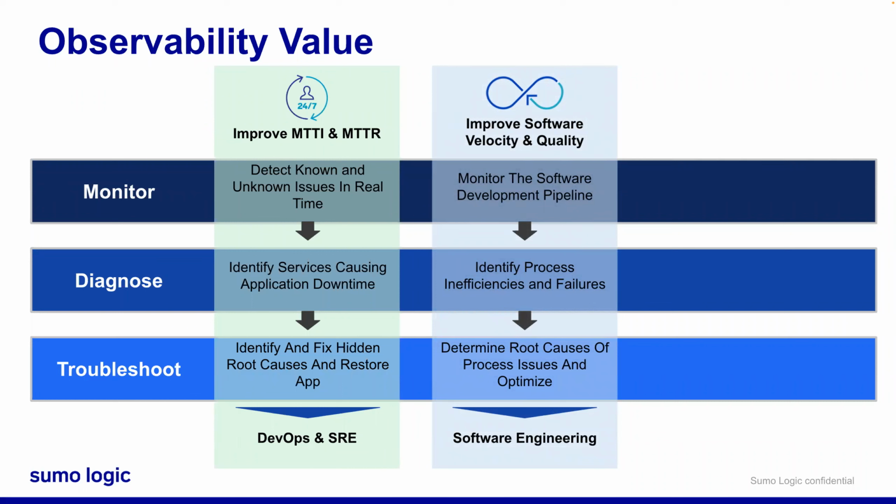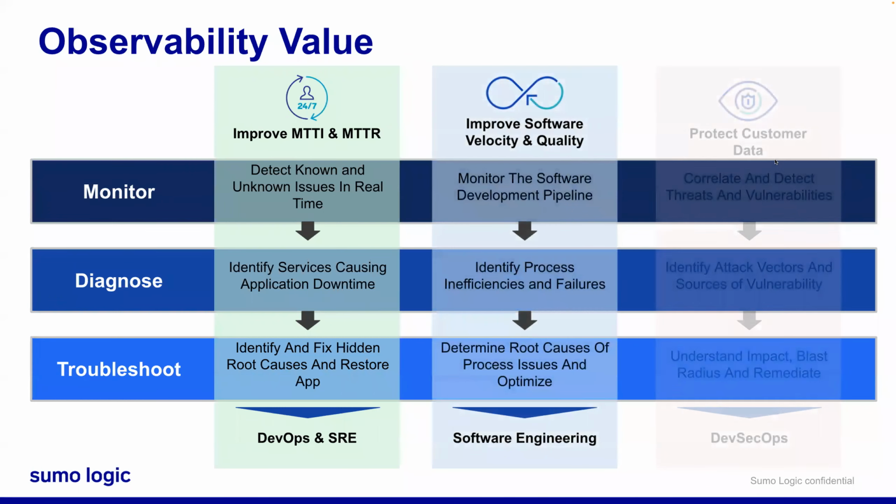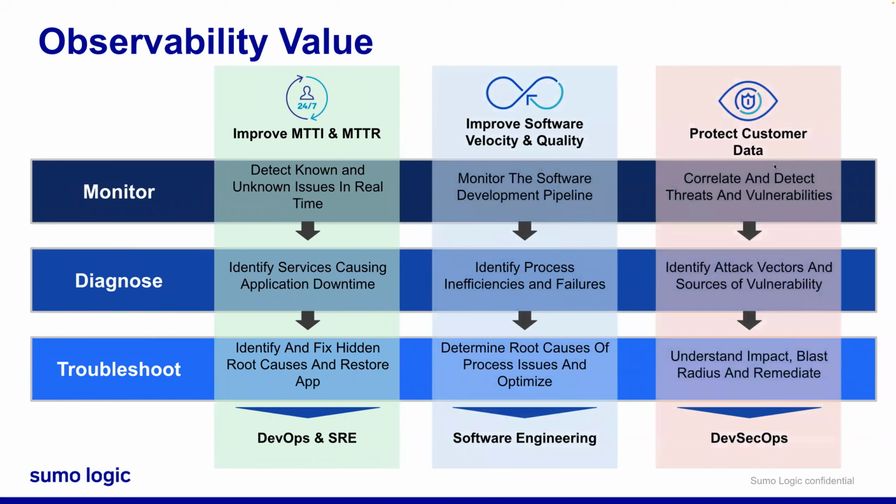By collecting information about that pipeline and identifying issues with the software delivery process, teams can improve the quality as well as the delivery of their application. From a security standpoint, DevSecOps and security teams can utilize observability to ensure the security posture of their applications. What's unique about the Sumo Logic observability solution is that it addresses the needs of all these teams and personas in one integrated platform.